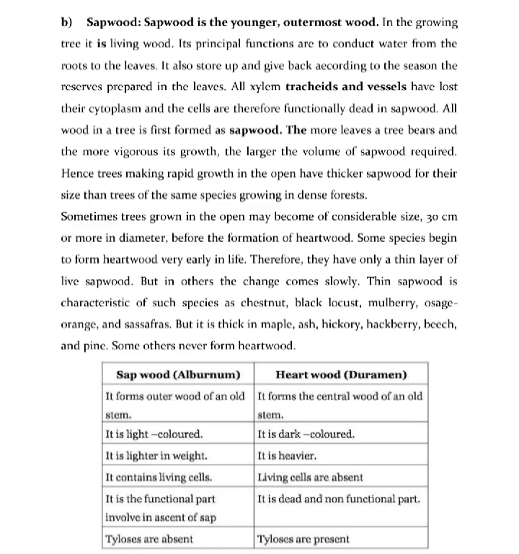Some species begin to form heartwood very early in life. Therefore, they have only a thin layer of live sapwood. But in others, the change comes slowly. Thin sapwood is characteristic of such species as chestnut, black locust, mulberry, Osage orange, and sassafras, but it is thick in maple, ash, hickory, hackberry, beech, and pine.